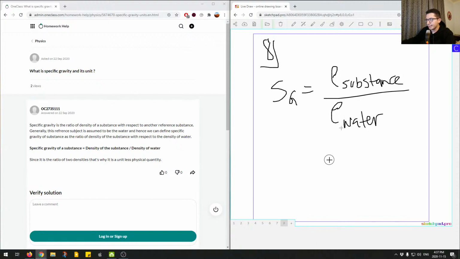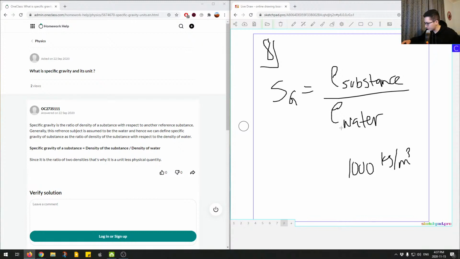So let me just Google the density of some object. We know the density of water is approximately 1,000 kilograms per meter cubed. Let's say the density of, say, steel or something.